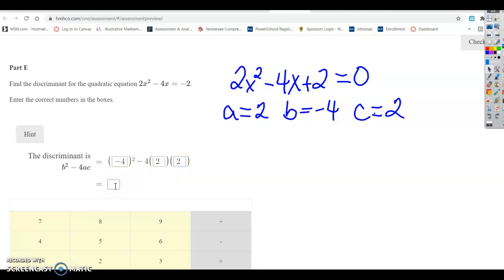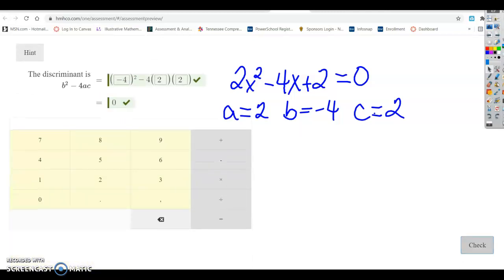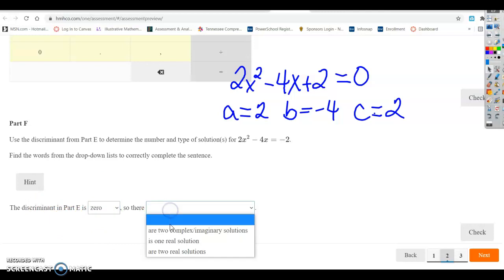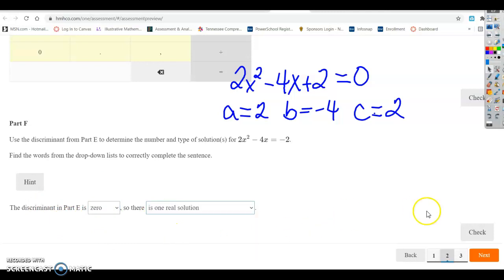All right, so we're going to have 16, minus 4 times 2 is 8, times 2 is 16. So we're going to have 16 minus 16, which is 0. All right, if the discriminant in part E is 0, that means we have one real solution.